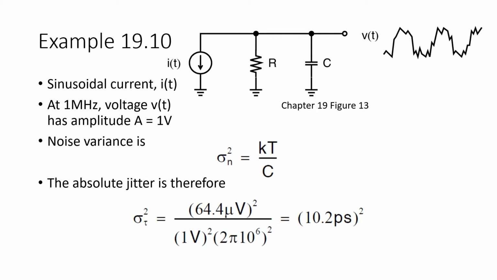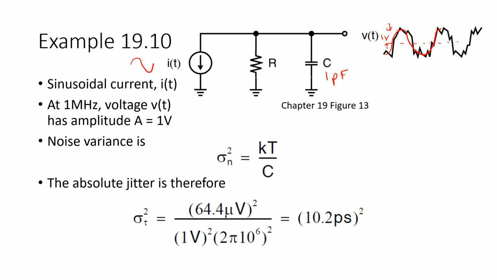Here's a numerical example to drive the point home. Let's say that the amplitude of the sinusoidal current here is sufficient to produce a voltage sinusoid at the output with an amplitude of 1 volt. Let's also say that the value of the capacitance is known to be 1 picofarad.